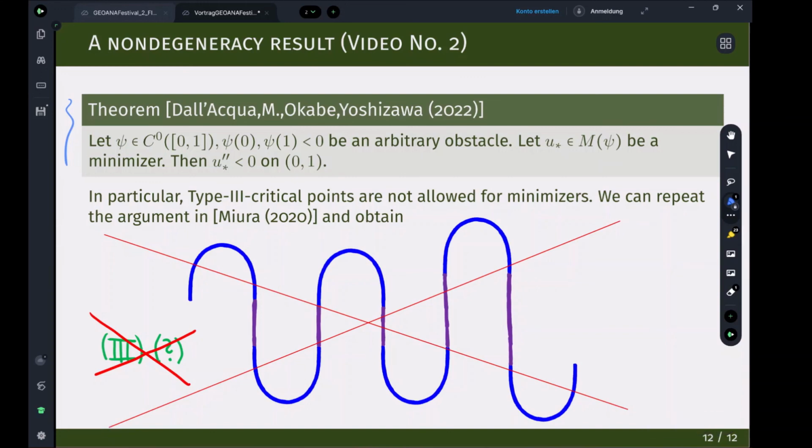And so type 3 critical points are not allowed, and we only have type 1 and type 2 critical points, so lines or this inflectional p-elastica.